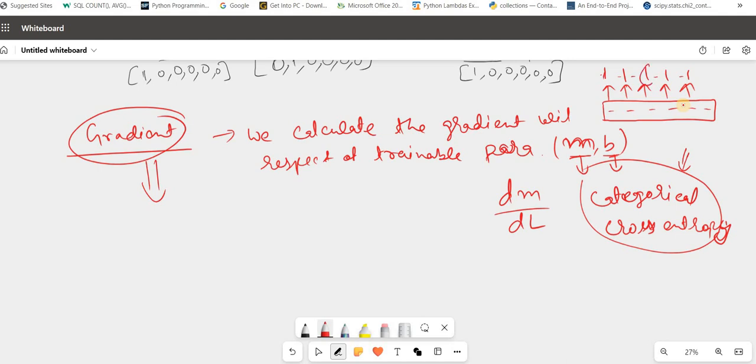There could be only one, maybe this one for this time, for the next time maybe this one, for the next time maybe that one. So this is a multi-class classification. For binary class we use sigmoid. If it is multi-class, we'll go with the cross entropy, categorical cross entropy, not binary cross entropy. Binary is for two classes, and categorical is for multi-class. That's the loss function.